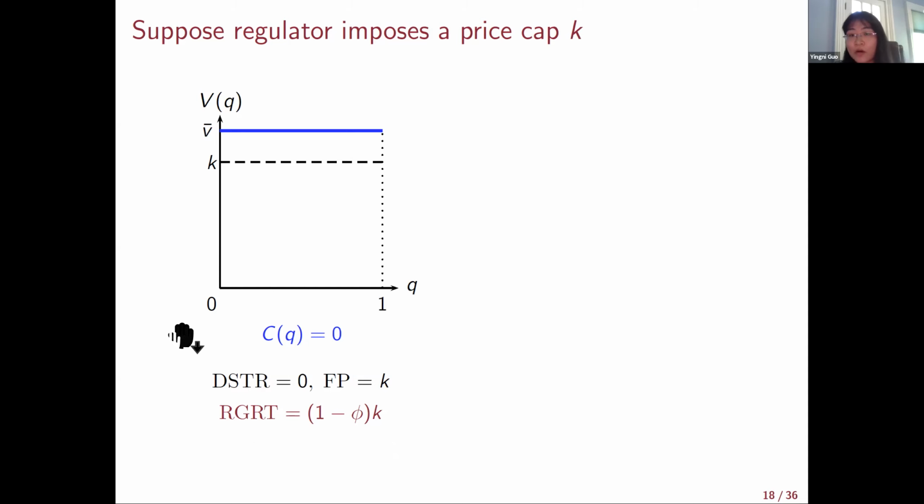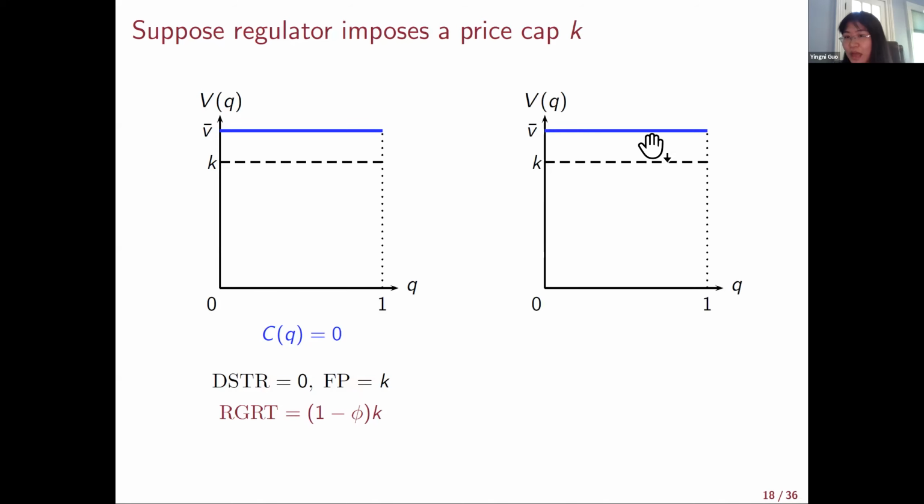Now let's look at the other situation. Everyone is still valuing this good at V upper bar, and the price cap is at K, but there is a cost of developing this vaccine, which is equal to K, or maybe K plus epsilon. Now your regulation just pushes this firm out of the market. The firm would not participate because the cost is too high relative to the price cap.